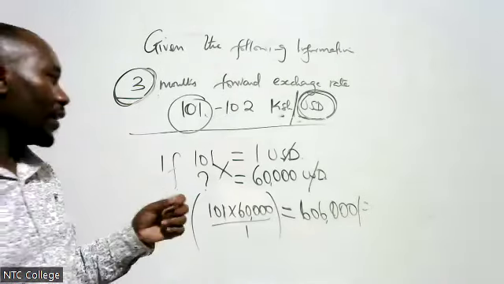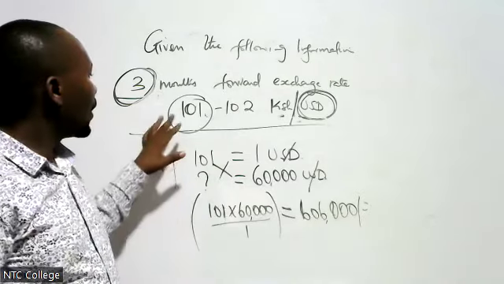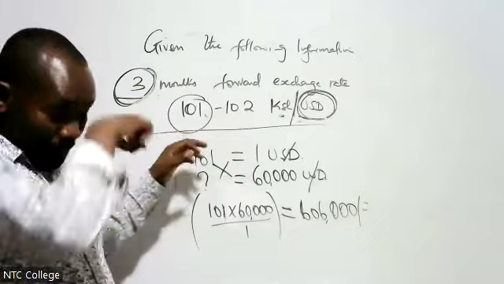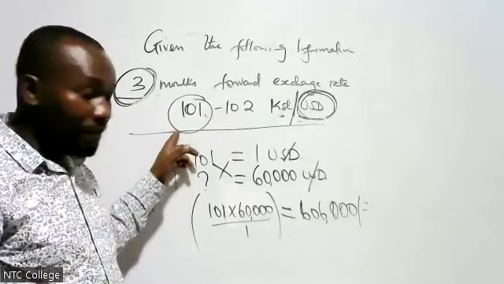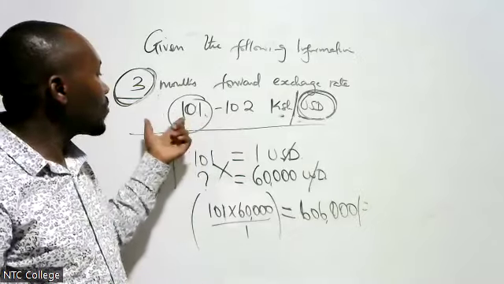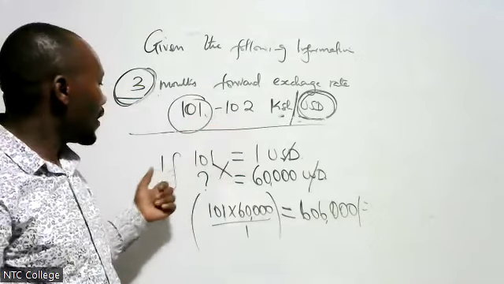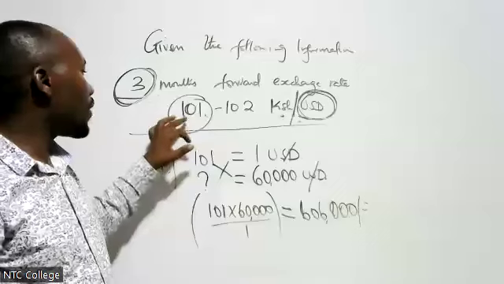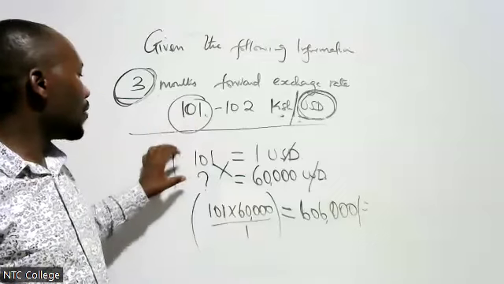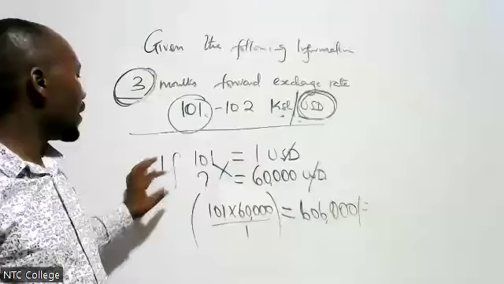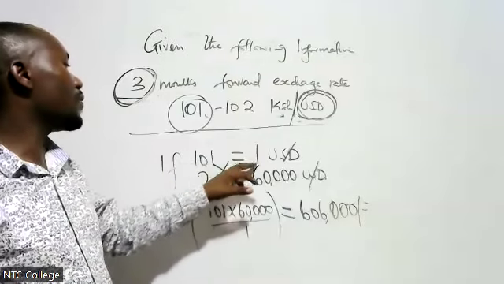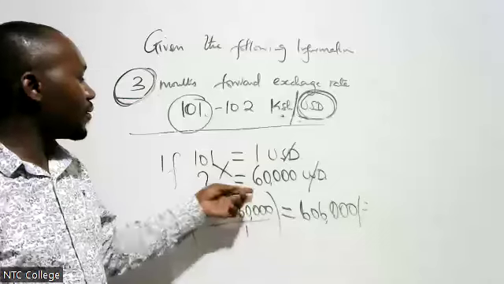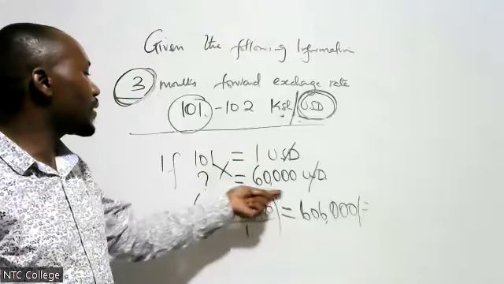I've just said that what you do, you need to know whether the bank is buying or not. According to the expression, you need to know which side is buying and which side is selling. Then now you make an expression. If the bank buys and you know that buying is 101, you now use 101 only and say, if 101 is equal to $1, but that person is going to receive 60, how much will be 60?